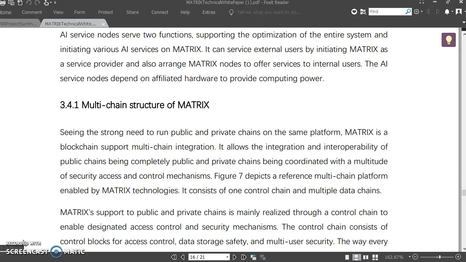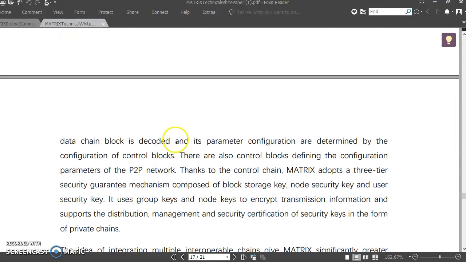The first thing the control chain does is help with the control of access. It controls blocks for access control. Another thing is it helps with data storage safety. Then another thing is it helps with multi-user security. You might be asking, what is multi-user security all about?